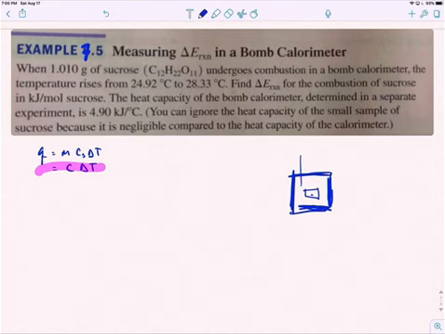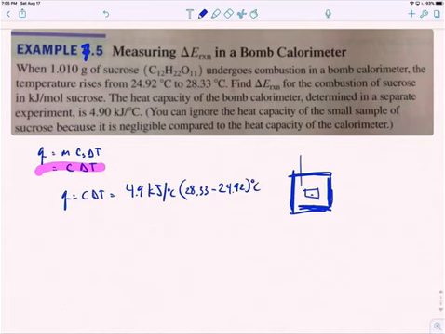Okay, so that means our heat is C delta T, which is equal to 4.9 kilojoules per degree Celsius times delta T, final 28.33 minus 24.92 degrees Celsius.